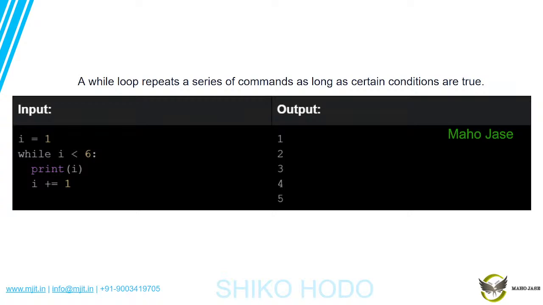While i equals 1, while i is less than 6, print i, and i plus equals 1. What it is doing is this: you can take the numbers 1 to 5 as chocolates and the condition i less than 6 as the 6 persons. So i is the chocolate and 6 is the persons.